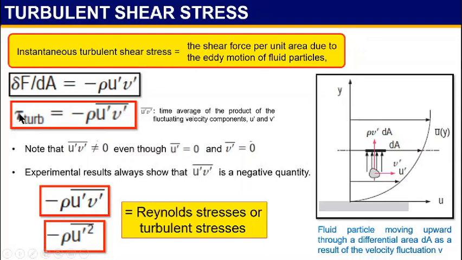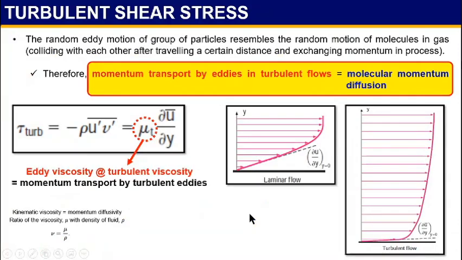This equation is called the instantaneous turbulent shear stress, or we also call it Reynolds stress or turbulent stress. The random eddy motion of fluid particles resembles the random motion of molecules in a gas, colliding with each other after travelling a certain distance and exchanging momentum in the process. Therefore, momentum transport by eddies in turbulent flows is called molecular momentum diffusion.